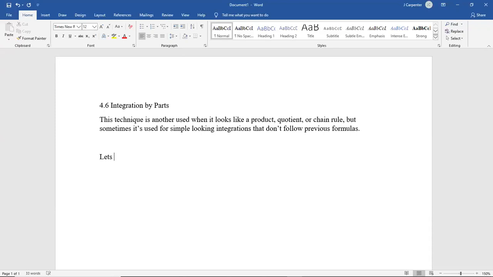So let's borrow the product rule for derivatives in the following form and integrate it.